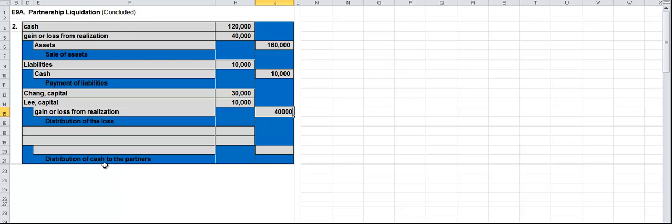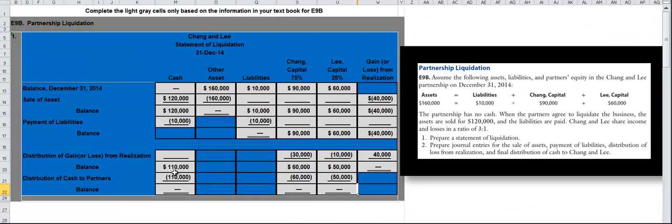Then if we look at the distribution of the cash to partners, that was the last portion here. We distributed the remaining $110,000 in cash based on, I'm sorry, based on what they have in their accounts.